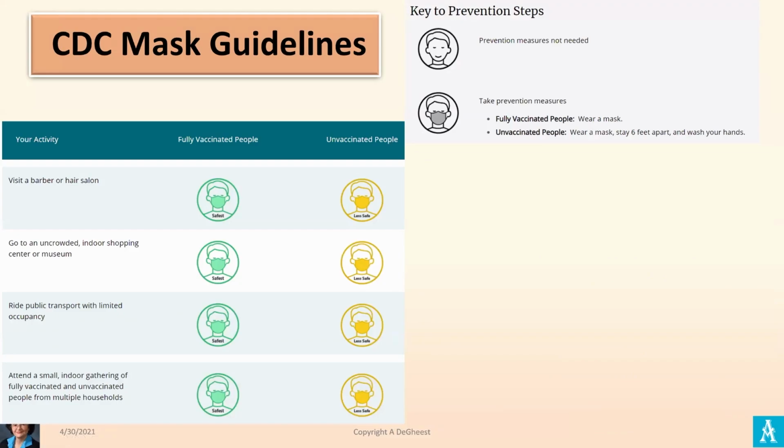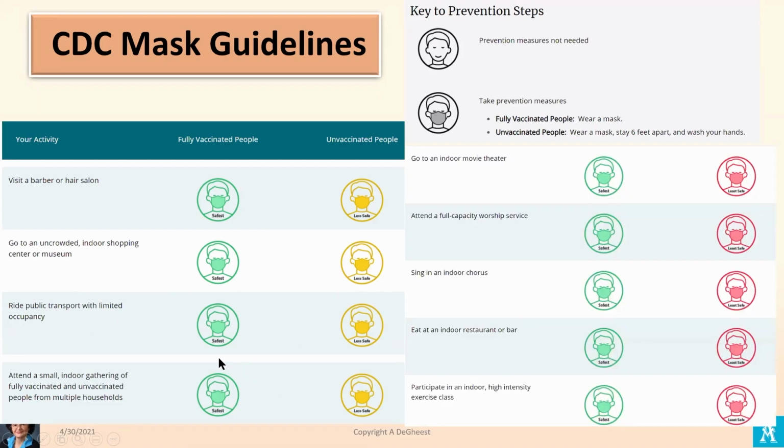The CDC just issued new guidelines for people who are fully vaccinated. Still, if you go to a barbershop or go to a crowded area, they still recommend that you wear a mask. Same thing for any kind of indoor activity like restaurants or a chorus or a highly crowded area.